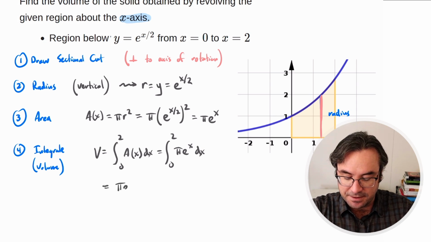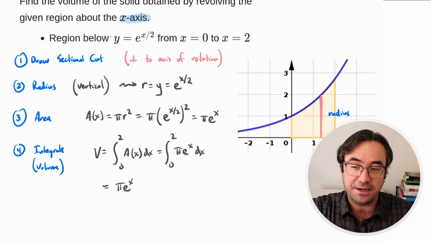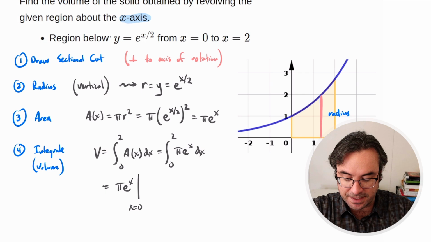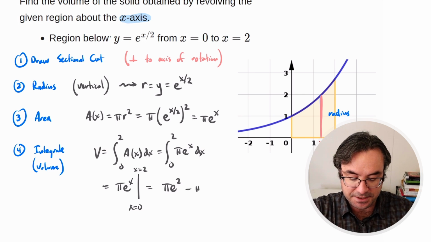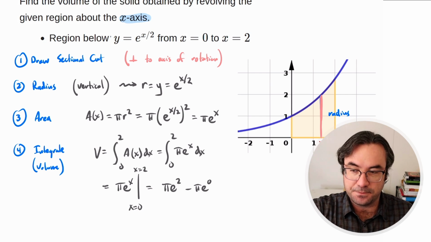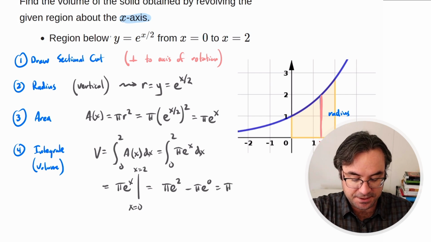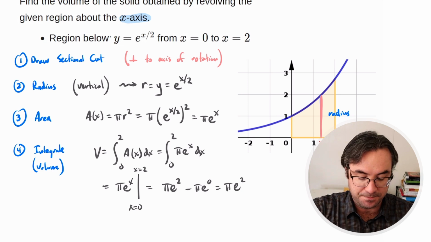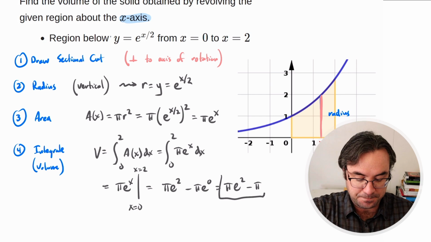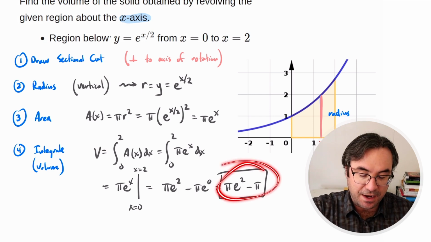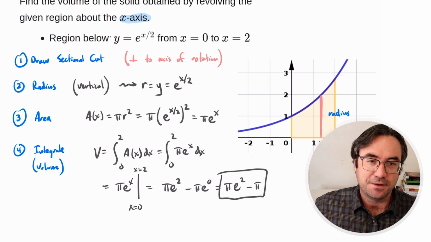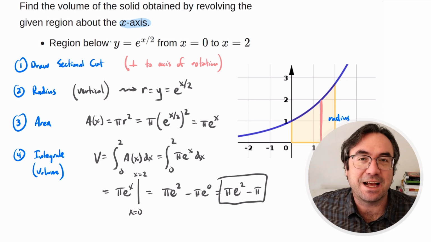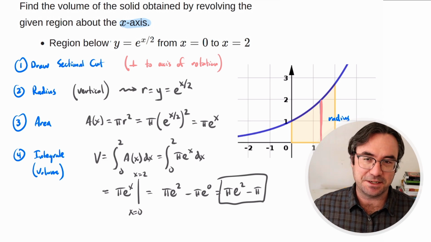The antiderivative is just pi e to the x. We evaluate this from x equals 0 to x equals 2 and plug in. We end up with pi e squared minus pi e to the 0, which simplifies to pi e squared minus pi. If we've done everything correctly, the volume should be positive, because we have a solid object and we expect the volume to be positive.